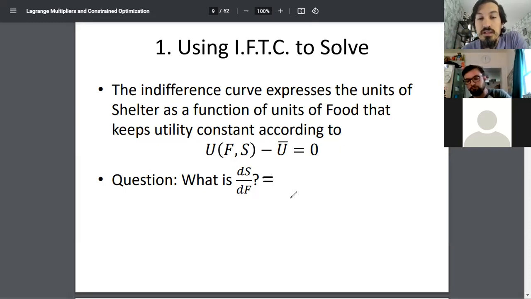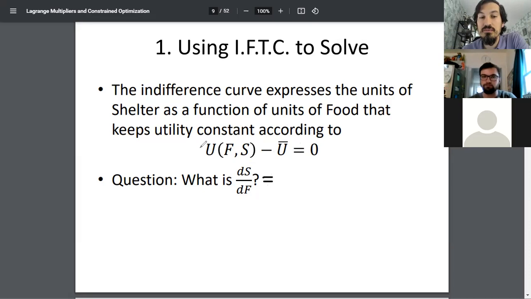Let's be a little bit clear here. The bad news is we've already used capital F for food, which normally is what I would call this entire function. I would just call it capital F, but that's already being used. Should we use a different letter?